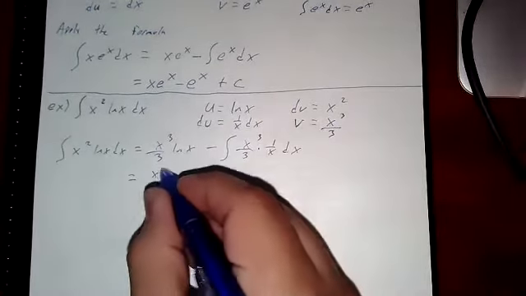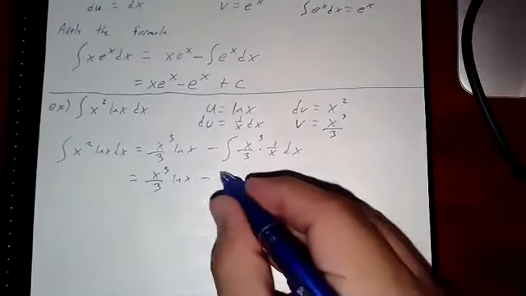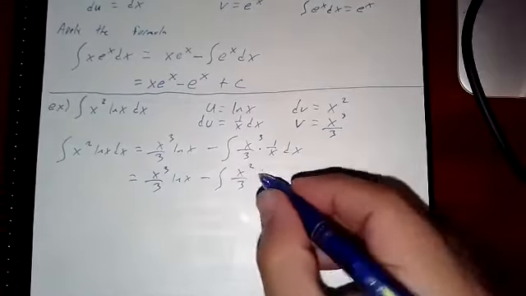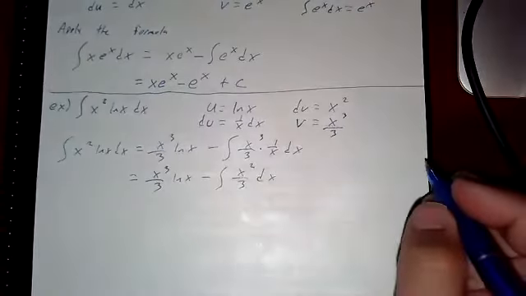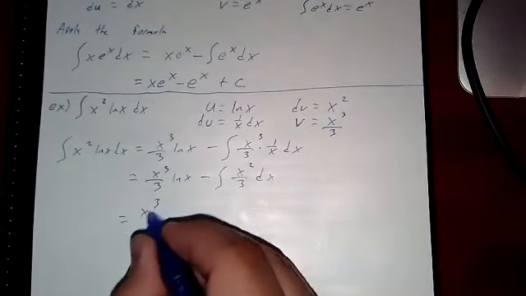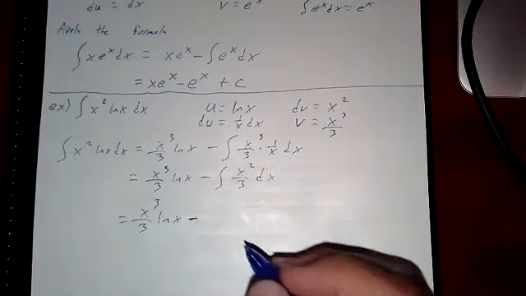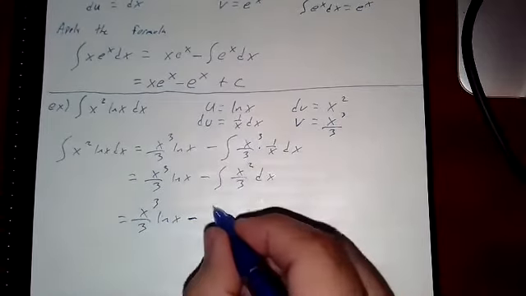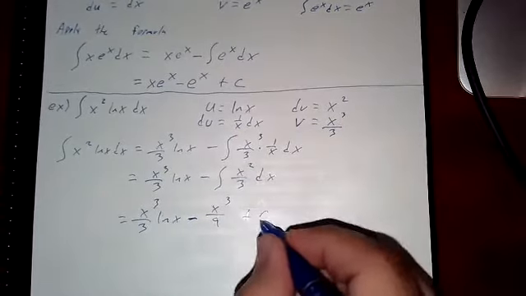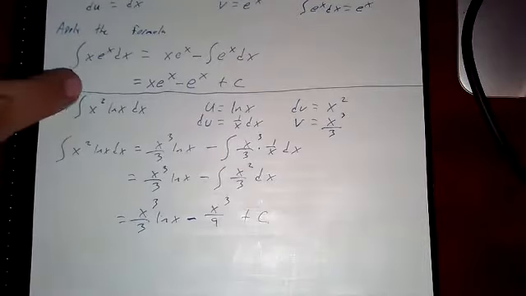So that'll be x cubed over 3 ln x minus the integral of x squared over 3 dx. So this answer will be x cubed over 3 ln x minus x cubed over 9 plus c. So we were able to take care of this integral.